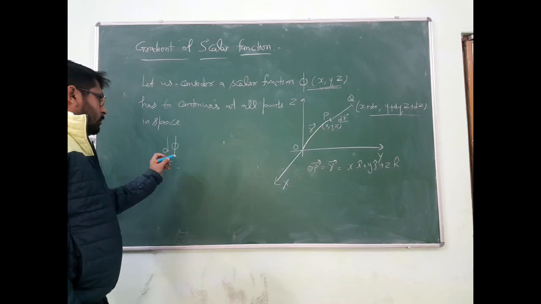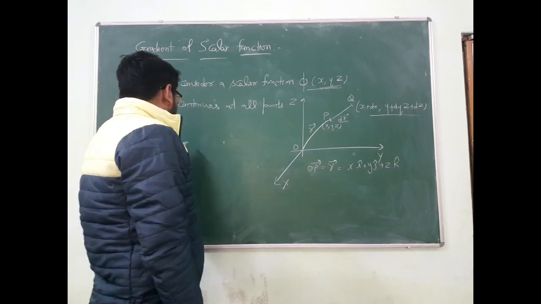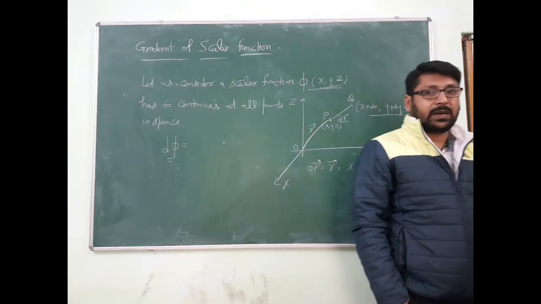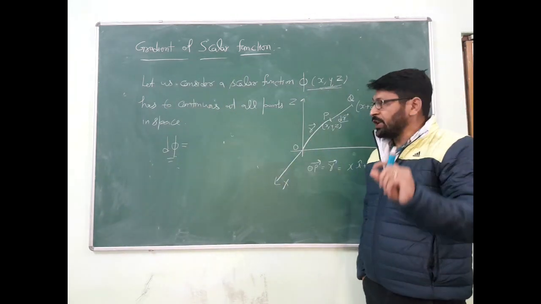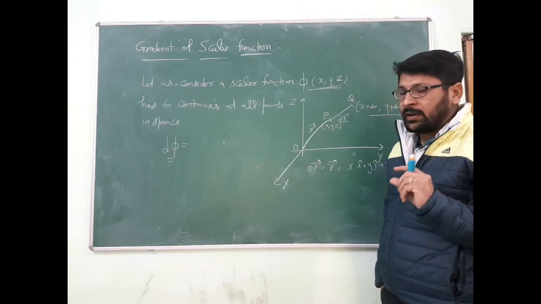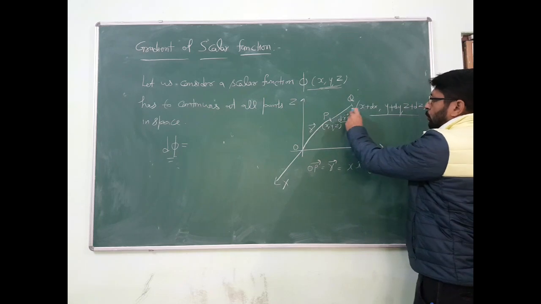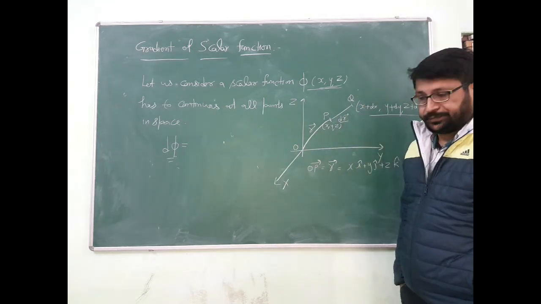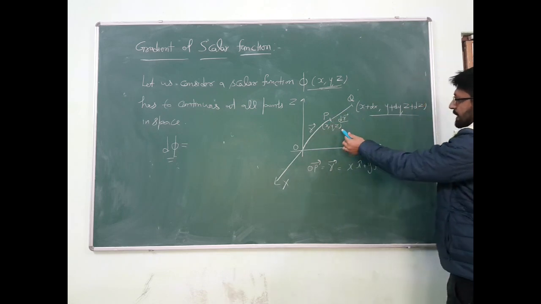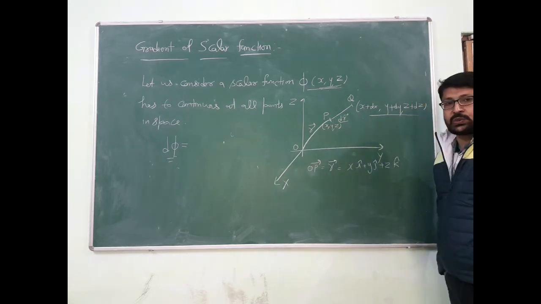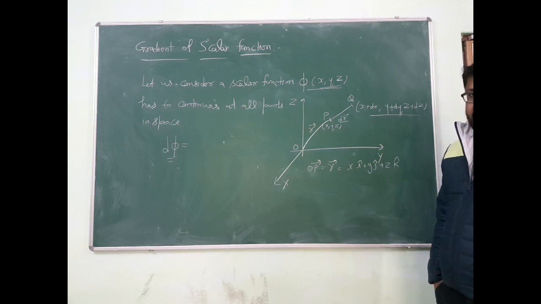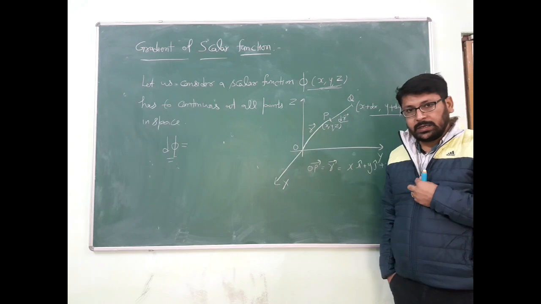Now how can we write this d phi? d phi is the change in the value of the function phi when we move from P to Q. While moving from P to Q, all three coordinates change. x changes to x plus dx, y changes to y plus dy, and z changes to z plus dz.